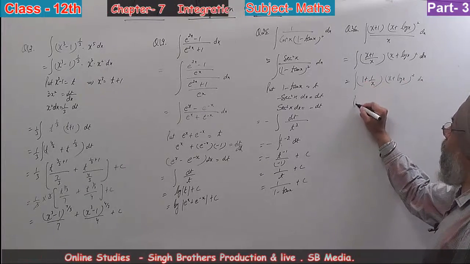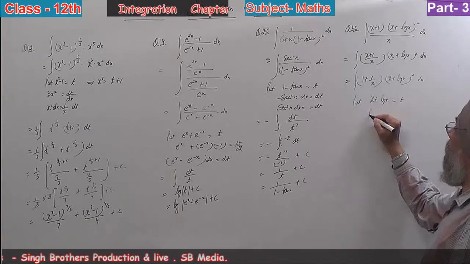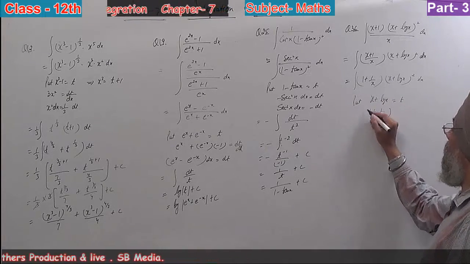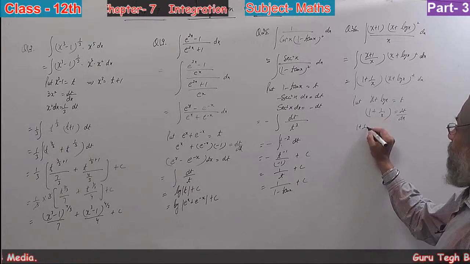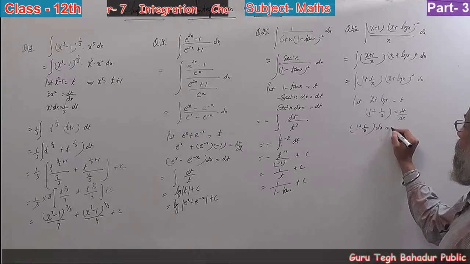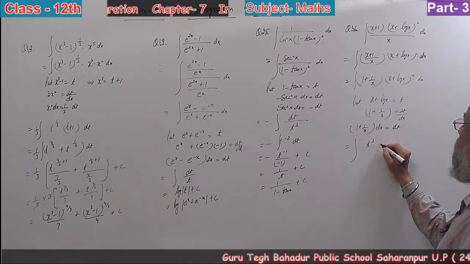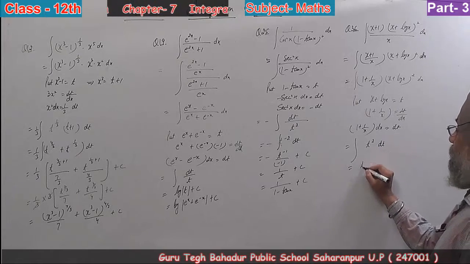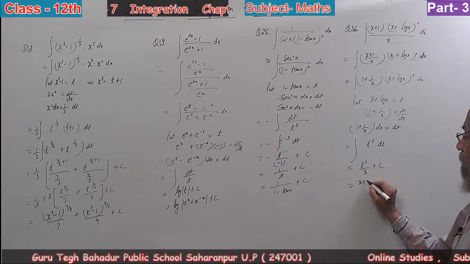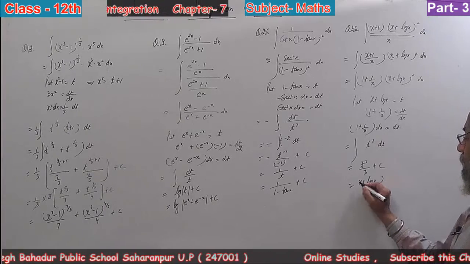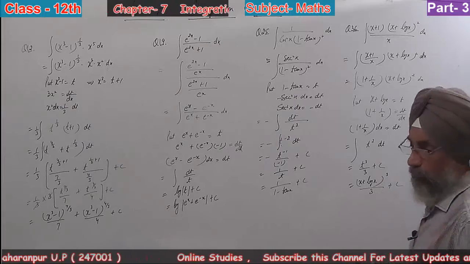Now substitute x + log x as t. Then (1 + 1/x) dx is equal to dt. It becomes t² dt, that is t³ upon 3 plus c. The value of t is x + log x, so the answer is (x + log x)³ upon 3 plus c.